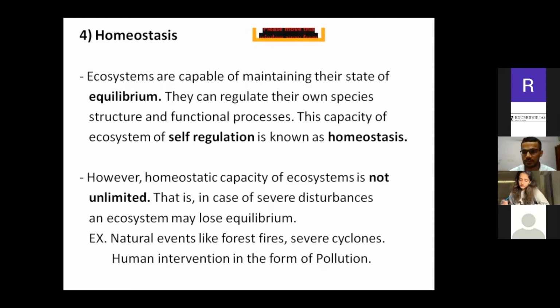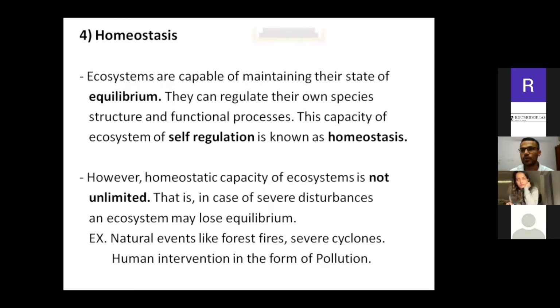Now, second, regulating services. For these kinds of services, it is difficult to associate monetary value, but they are very important for our survival.